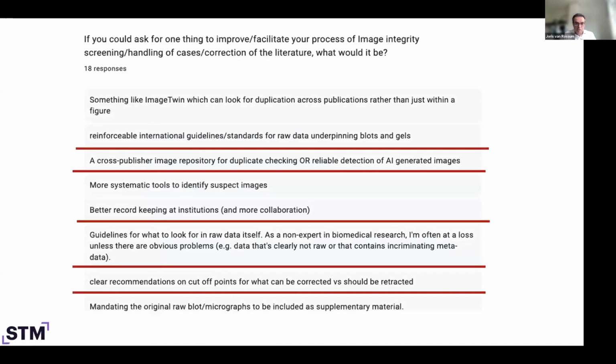I highlighted some of the answers here that we also heard today. Quite some questions about raw data, cross-publisher image repository, collaboration with institutions, an interesting one. Recommendations on what can be corrected or should be retracted.